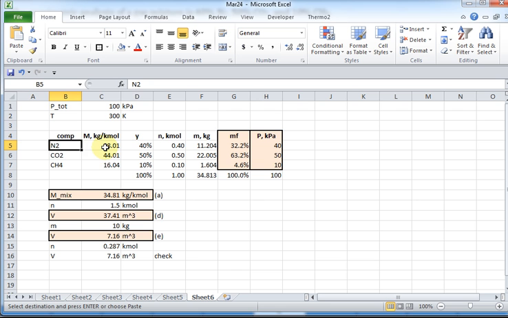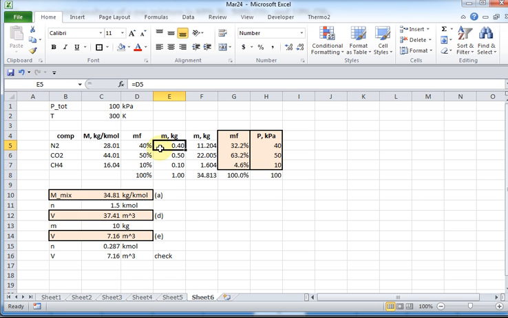So we still have the molar masses, they didn't change, but instead of y, we're given those as our mass fractions. So it's a different problem: 40%, 50%, 10% is mass fraction, true? So instead of starting with an assumption of the total number being 1 kilomole, start with the total mass being 1 kilogram, true?